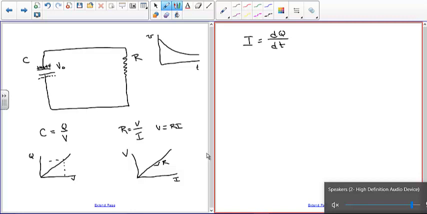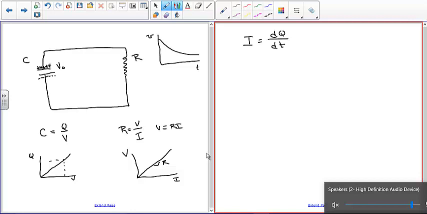What current is in an electric circuit is how many charged particles pass through a wire in a given amount of time, just like water flowing through a pipe. The more charges that flow through a given area in a given time, the more the current is. So it kind of makes sense: current is how quickly the charges move.